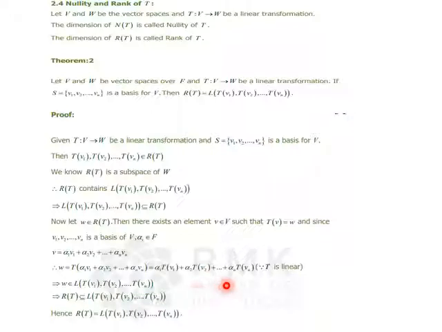So this shows that w, whatever you have, is in the linear span of Tv1, Tv2, etc., Tvn. We considered w from R of T, one element of R of T, and we have shown that it is in the linear span of Tv1, etc., Tvn.